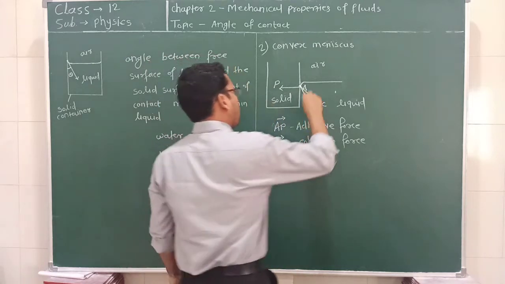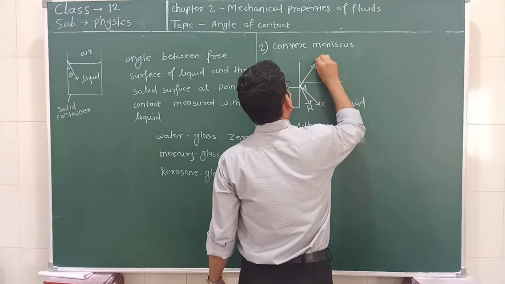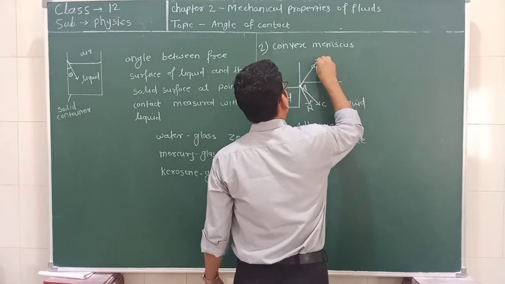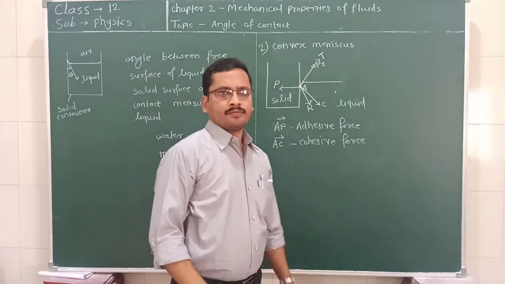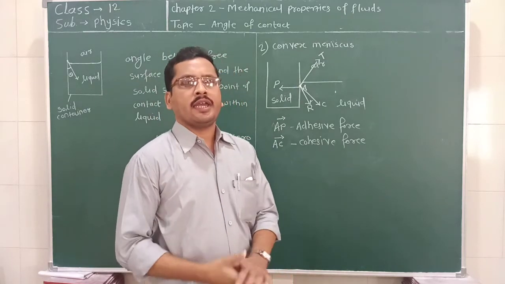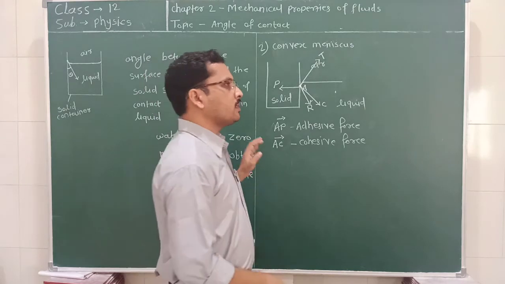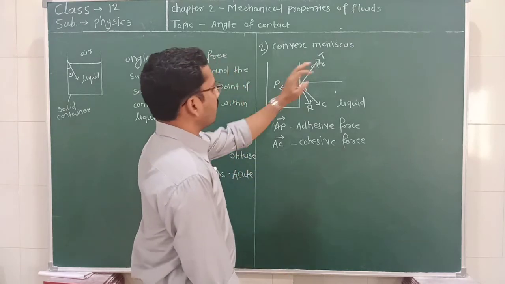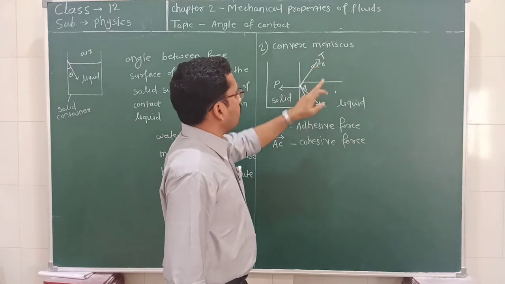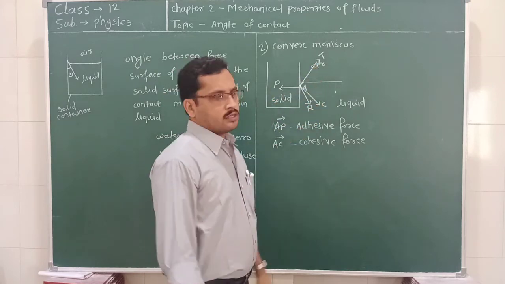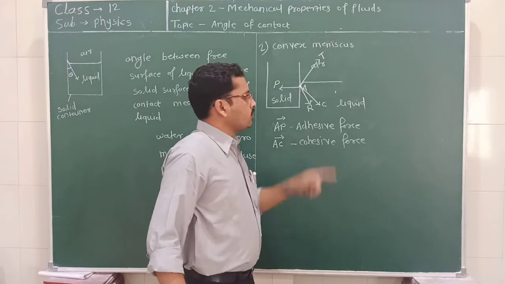Now if we draw a tangent here, then for the equilibrium condition, this tangent must be perpendicular to the resultant of these two forces.